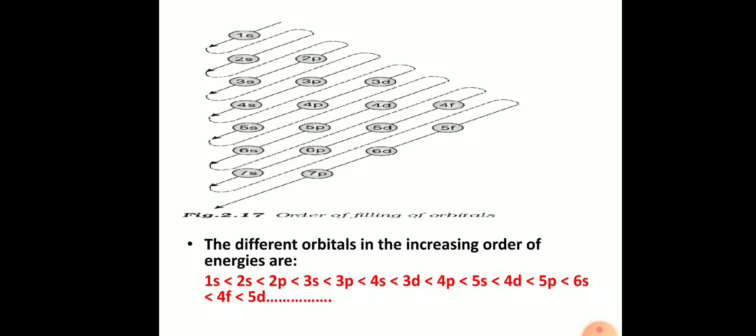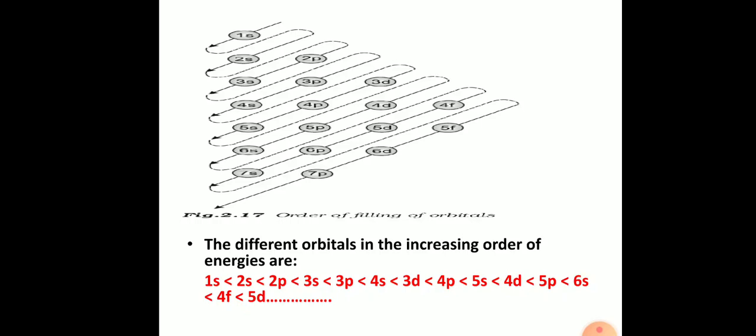Like that it goes on. So the different orbitals in the increasing order of energies are 1s, then 2s, 2p, 3s, 3p, 4s, 3d, 4p, 5s, 4d, 5p, 6s, 4f, and 5d. Okay, so this will be the increasing order of the energy.